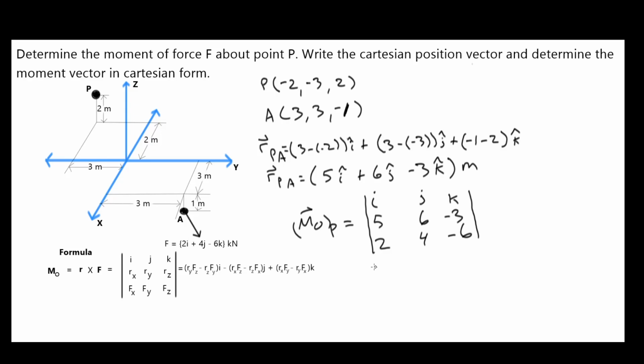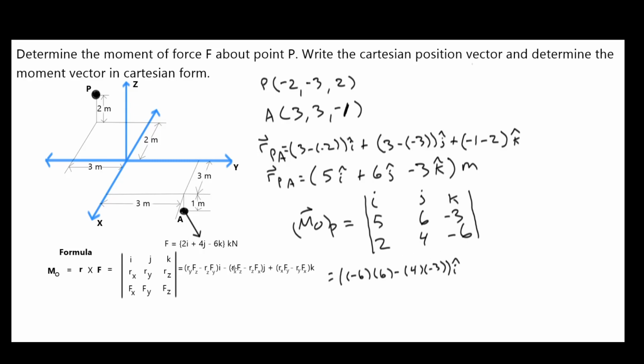So we'll go ahead and start with our i. Like I said, covering this up, I know that I'm going to have to multiply negative 6 times 6 and then subtract that by 4 times negative 3. That gives us our i vector.